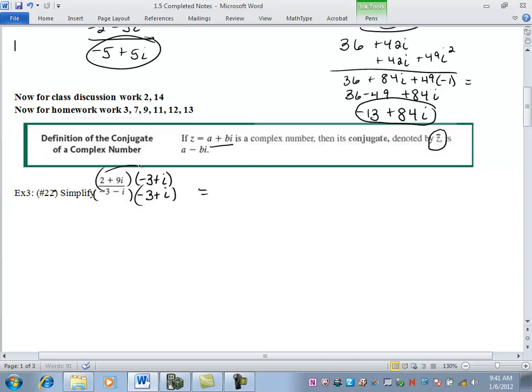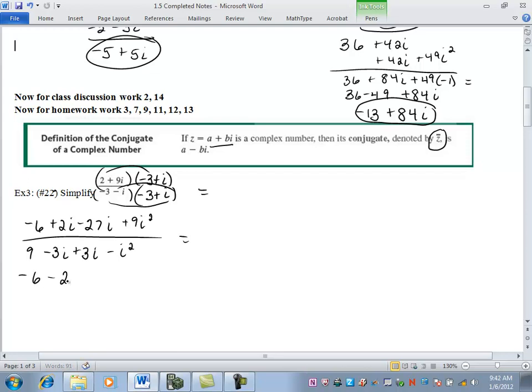Okay? And so we have -6 plus 2i minus 27i plus 9i squared. This is all over 9. Notice how these middle terms drop out: minus 3i plus 3i minus i squared. And so we get ready to combine like terms on top. -6 minus 25i plus 9 times -1, all over 9 minus a -1.